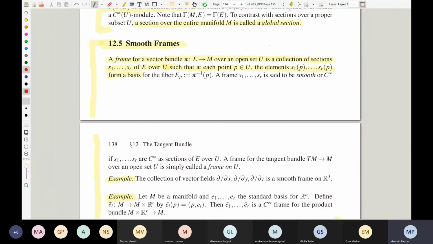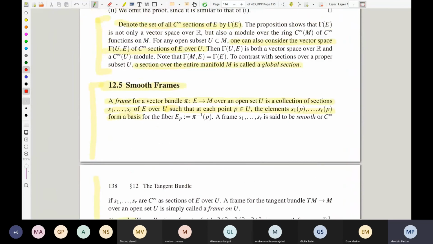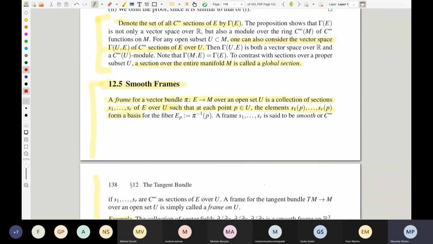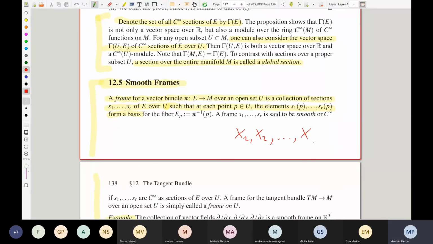Maybe we need the notion of frames for Lie groups. You can have one vector field, which means on every point you have one tangent vector. But you can have two vector fields, meaning on every point you have two tangent vectors. You can have several vector fields, maybe n vector fields, where n is the total dimension.